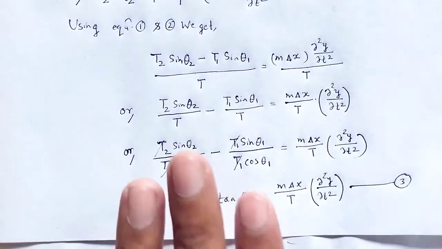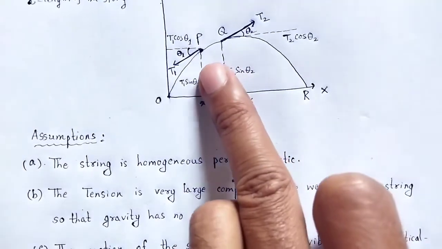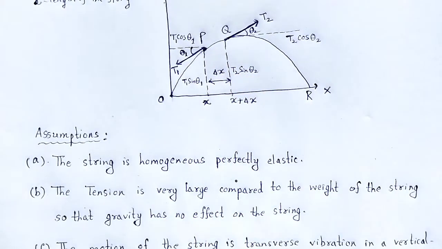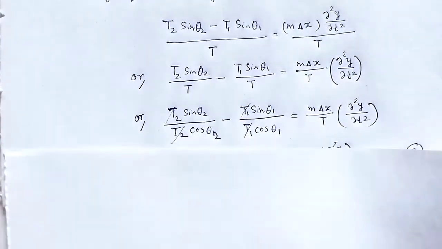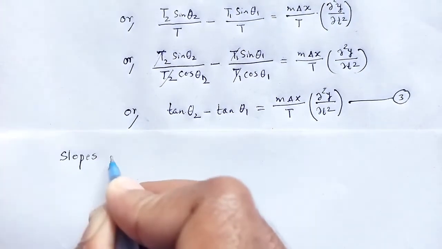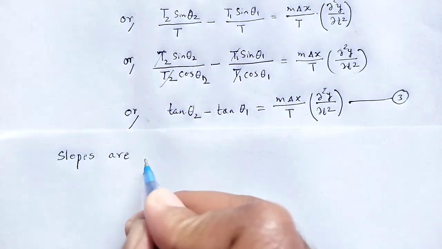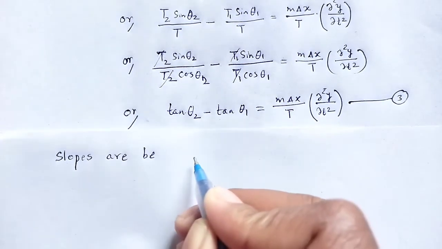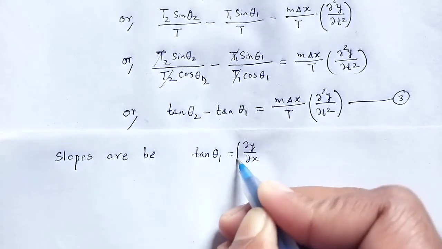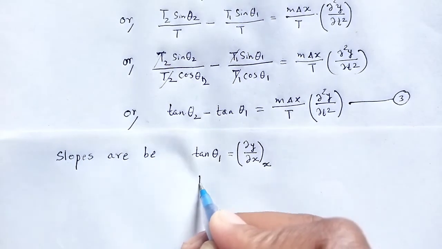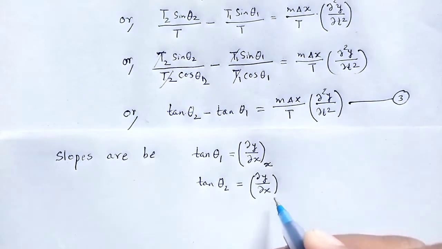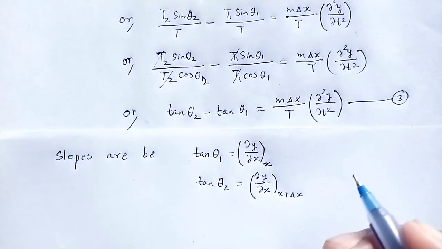We know that the slopes of the string at x and x plus del x are tan theta 1, that is del y by del x at point x, and tan theta 2, del y by del x at point x plus del x.